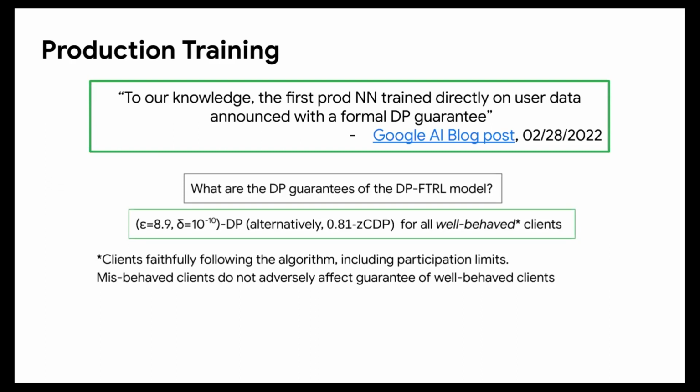If you are familiar with differential privacy research, the U.S. Census Bureau for their survey, their zCDP is about 2.6 or about that number. So our zCDP bound is much stronger than what they used. Moreover, not only is the DP guarantee strong in this case, we also improve the model quality compared to previous DP FedAvg results.